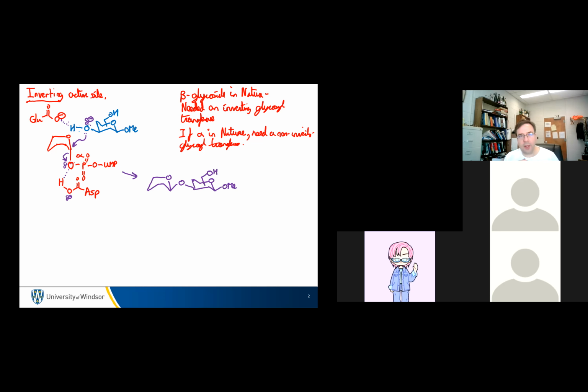So we're able to make that bond because we're able to activate both the nucleophile and the electrophile with an acid and a base in the enzyme. And we're using the same residues we just used for the glycosidases, but now we're using them to make a bond.